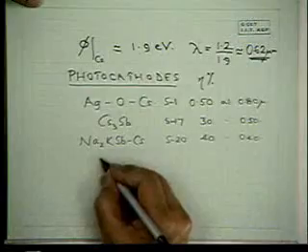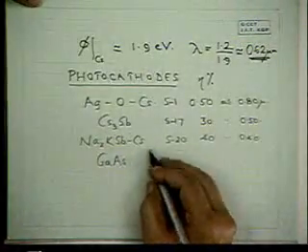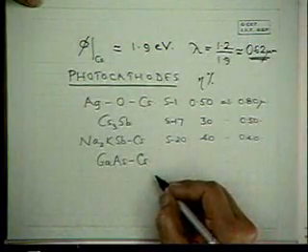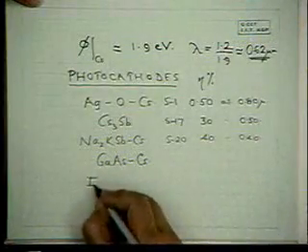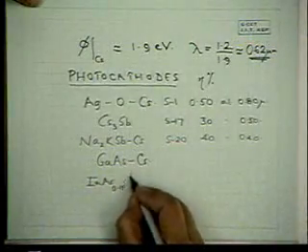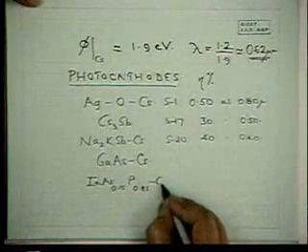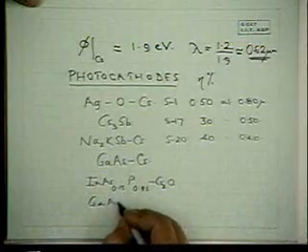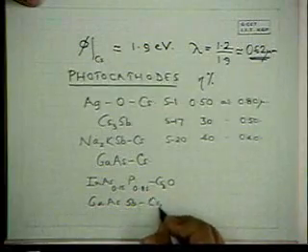In the early 60s, people started looking at what happens if you take a semiconductor such as gallium arsenide and coat it with cesium. And thereafter, a whole series of new materials were developed, such as indium arsenide phosphide coated with cesium or cesium oxide, gallium arsenide antimonide coated with cesium oxide.